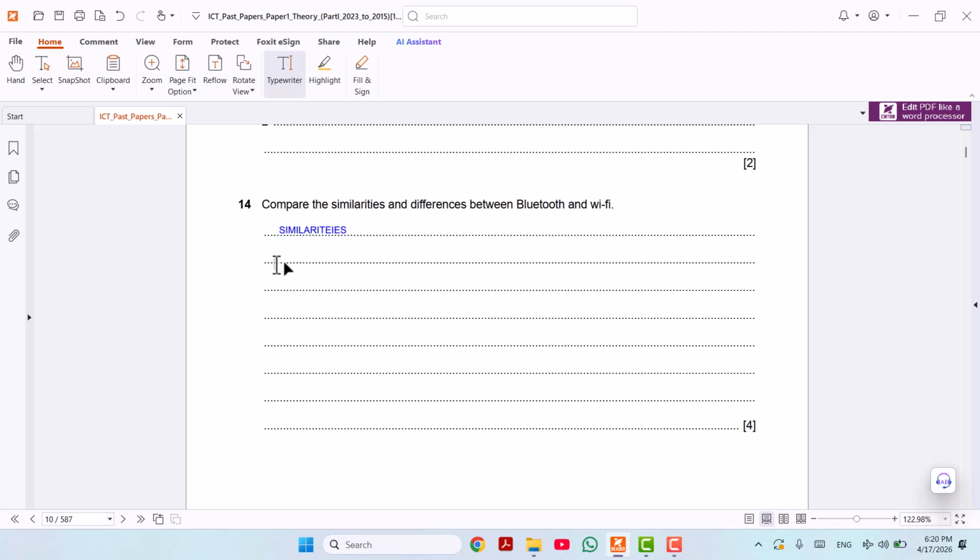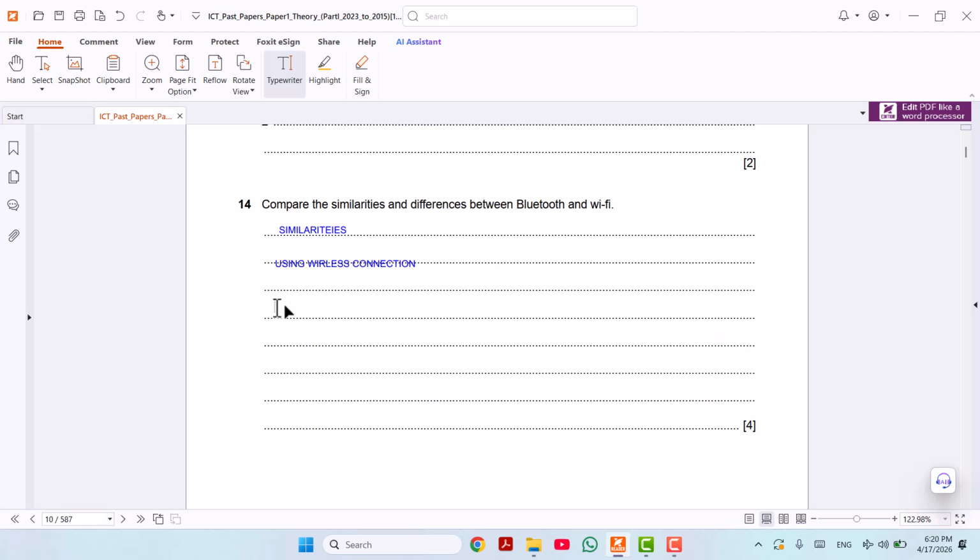Okay, so number one, what do you think Bluetooth and Wi-Fi have in common? What is the same thing in both devices? The first thing I think is using wireless connection. Wireless connection. Okay.